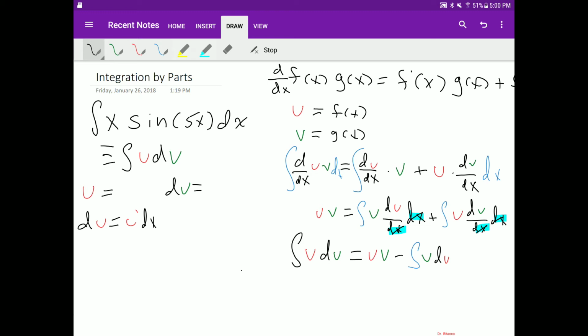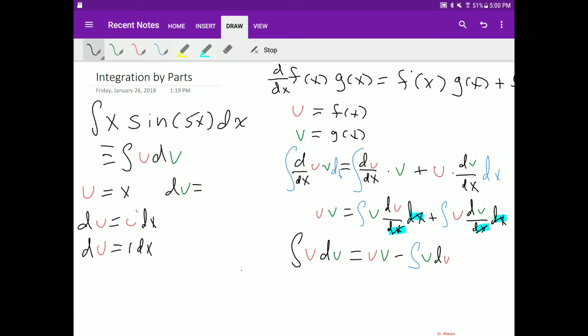In this case, we're taking the derivative of u. Let's choose x to be u, so that the du is just equal to 1 times dx. I'm going to write the 1 there as a placeholder to remind myself that I took a derivative of x and ended up with 1.